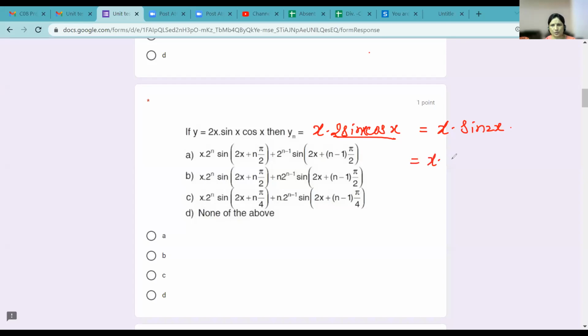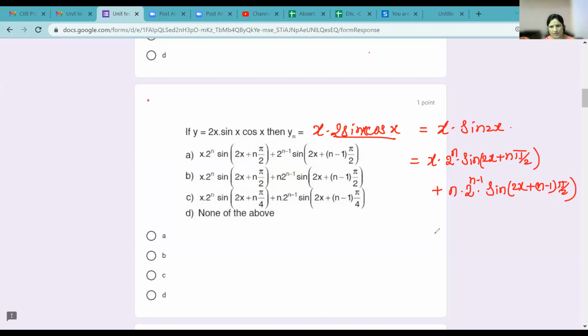x into 2 raised to n into sin of 2x plus n pi by 2, plus n into 2 raised to n minus 1 into sin of 2x plus n minus 1 into pi by 2.